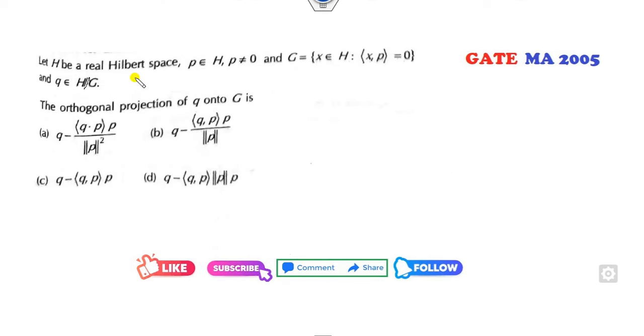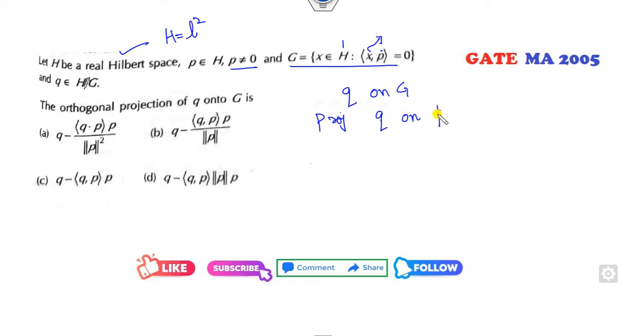Okay, consider this one as a real Hilbert space. You can consider H as my L2, P is non-zero, then the orthogonal projection of Q on the G. If you see here, the element x is a part of the H, so I mean find the projection of Q on P. How do you write that?